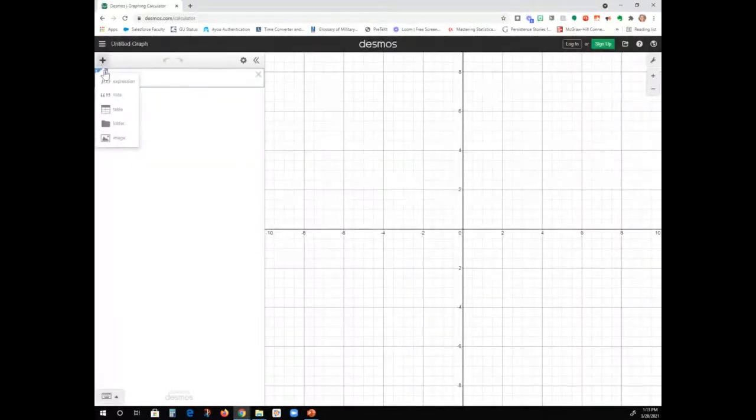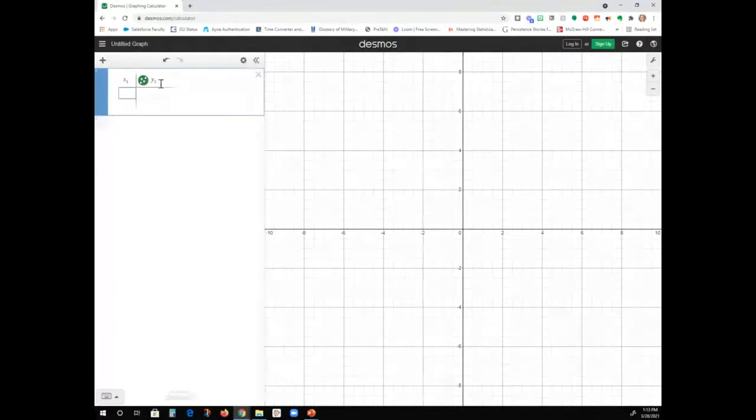If you want to fill in a table like this, if you hit the plus, you get a table, and you can do 3 at a time here. Let's change this input to t, and then change this to x1, and I should be able to also do a y1 here.